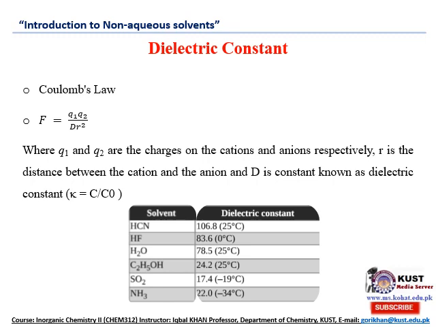When we remove the proportionality, then a constant is introduced. This constant is known as dielectric constant. So it means that if this distance r increases, force weakens, and if it decreases, force will increase. So these things are inversely proportional.